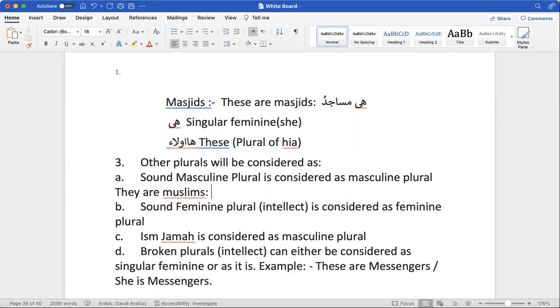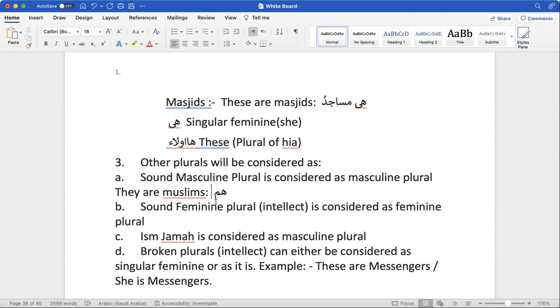And if you see in Arabic, there is a pronoun called hum. Hum means they, and hum is also plural. It is also masculine plural. It's a pronoun, and it is a masculine pronoun. Like hua means he, hiya means she. Hum means they, masculine, and hunna means those ladies.